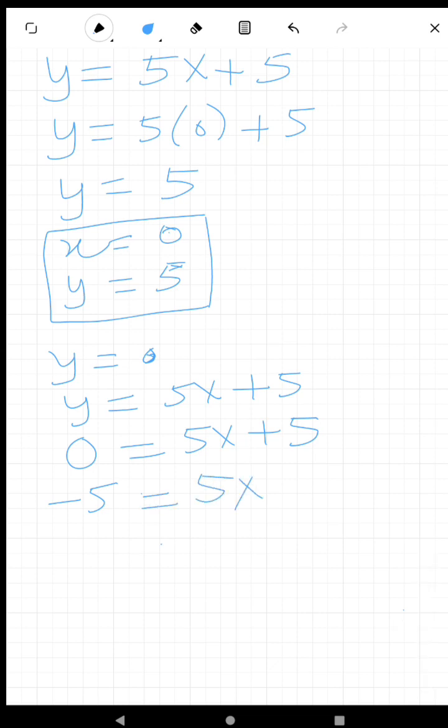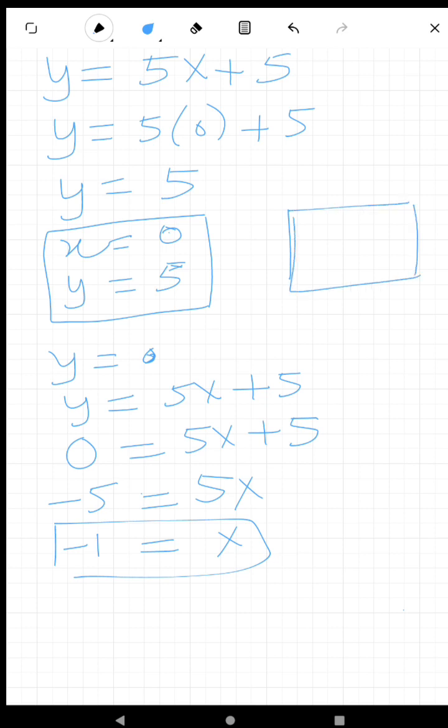So it tells us that x is equal to minus 1. So we have the coordinates x is equal to minus 1 when y is equal to 0. That's simply what we'll plot.